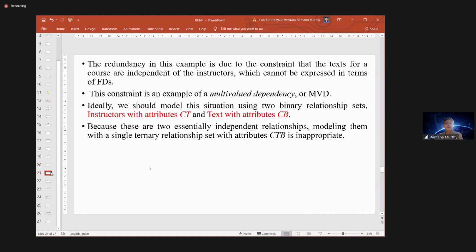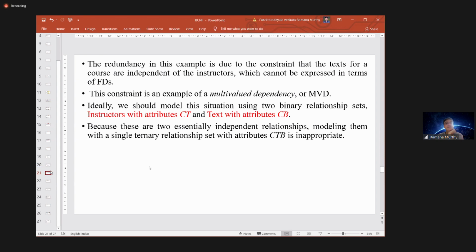So once again, if for a particular set of values you have multiple values, you call it a multi-valued dependency.